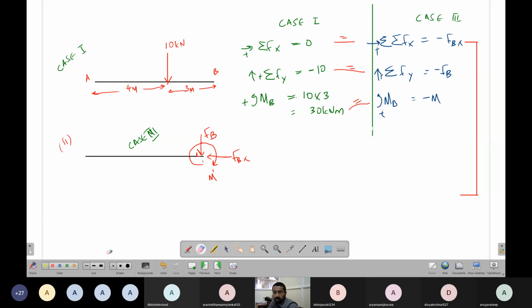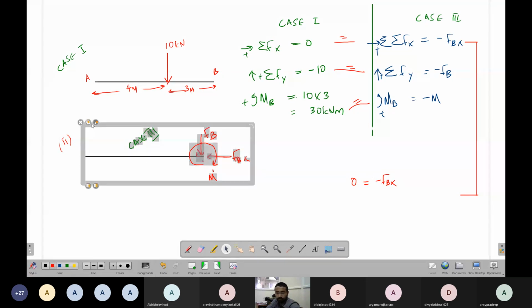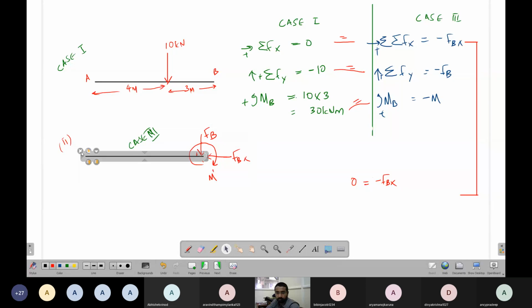So when I equate those two, what do I get? 0 equal to minus FBX. So that means my FBX is 0. Okay. So whatever force is here in this direction, it is 0.